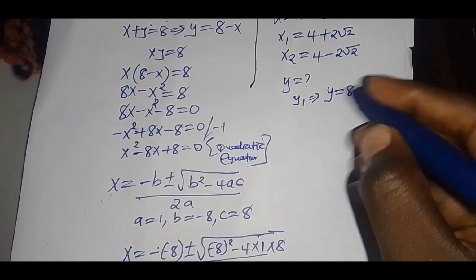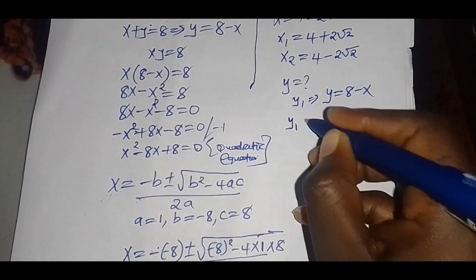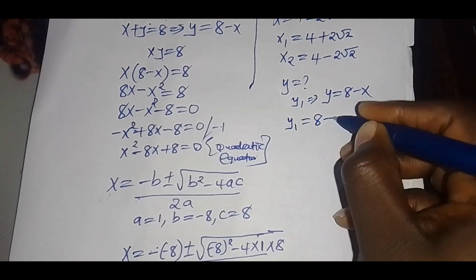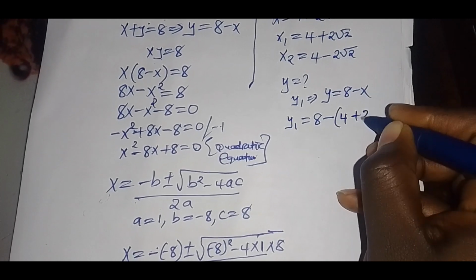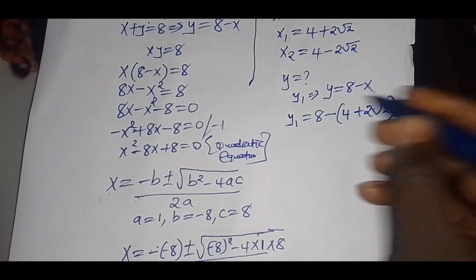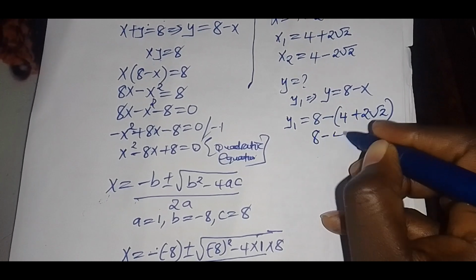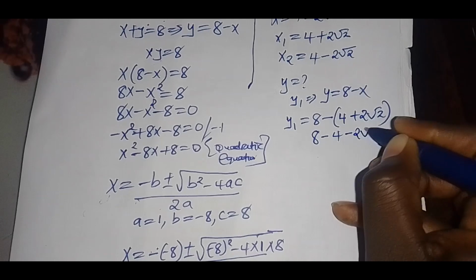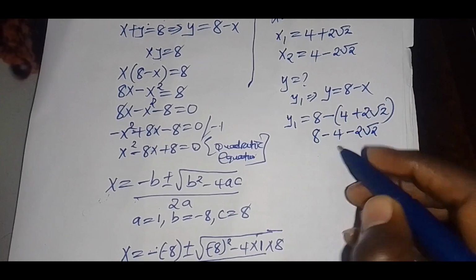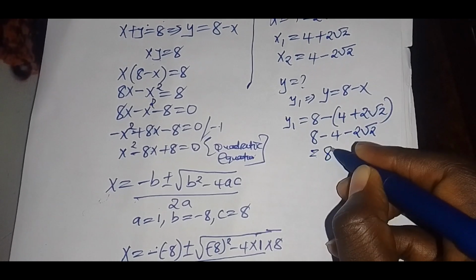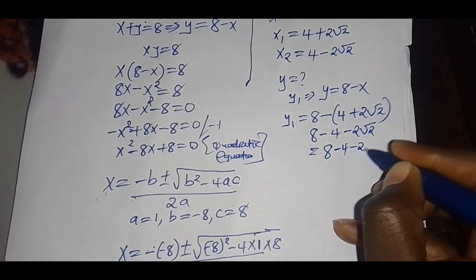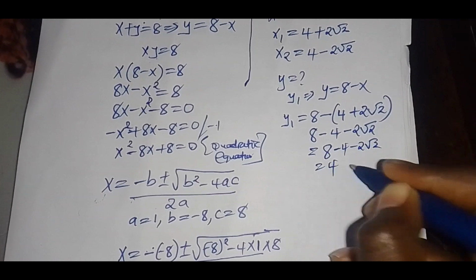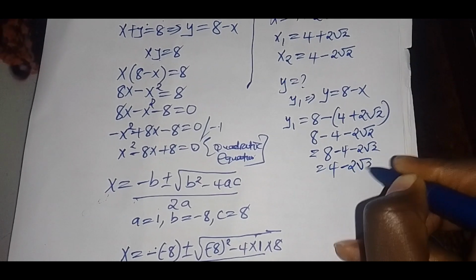So y1 is equal to 8 minus the value of x, which is 4 plus 2 root 2. So we have 8 minus 4 minus 2 root 2, which gives us 4 minus 2 root 2.